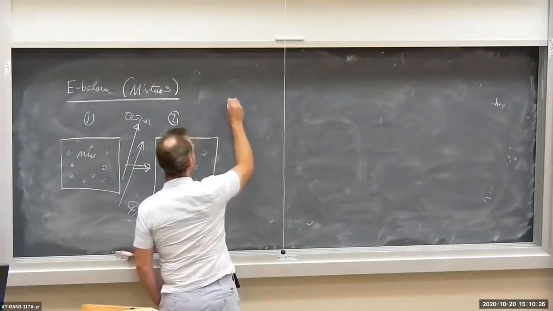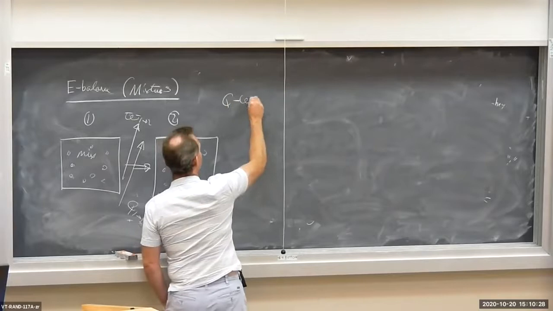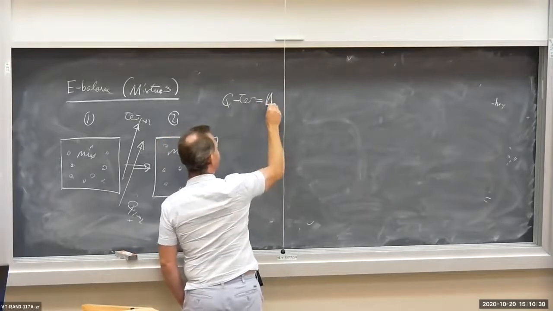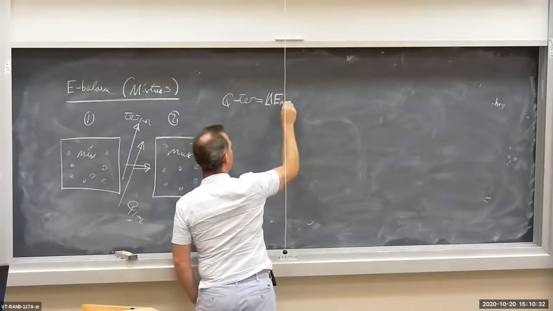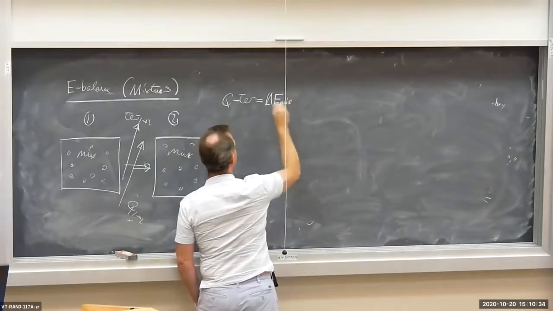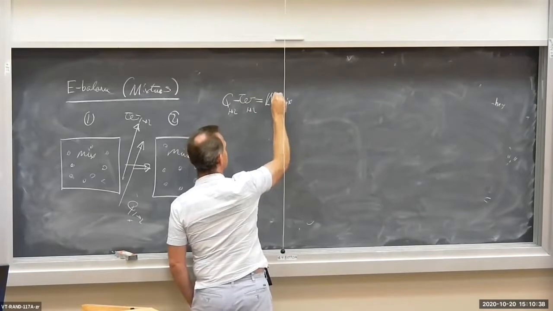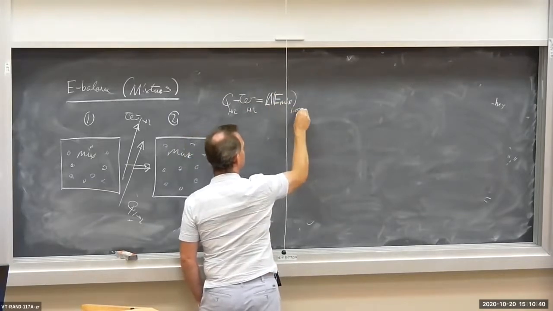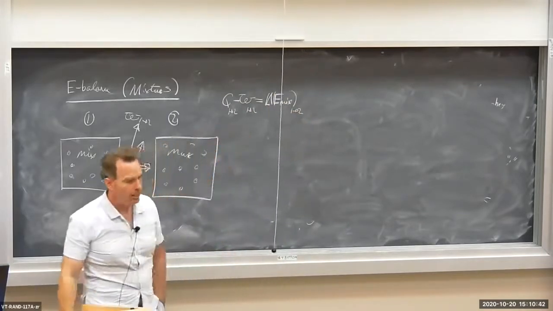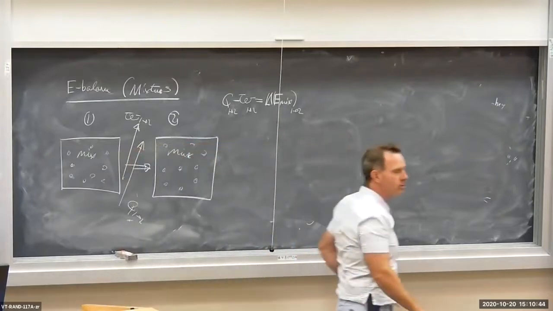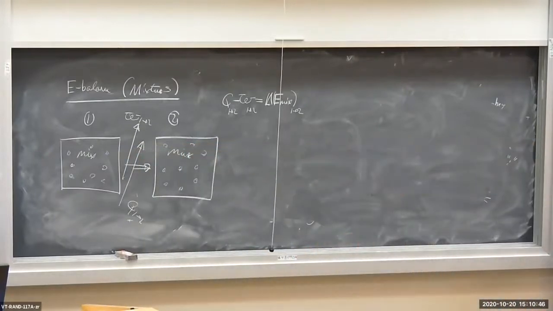So the E balance simply says Q minus W is equal to delta E for the mixture. And this is all from state 1 to 2. Okay, to get E for the mixture, you simply sum up the component total energies.